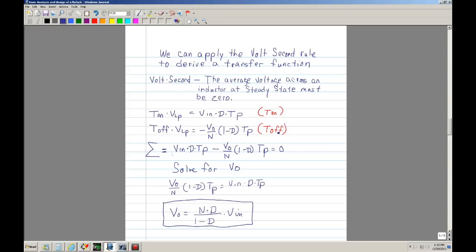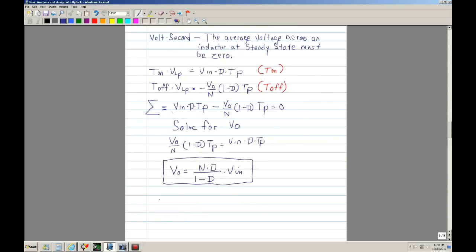So we set these two equations in here. This is T on, and this is T off.